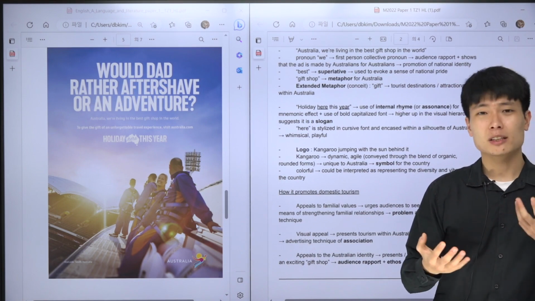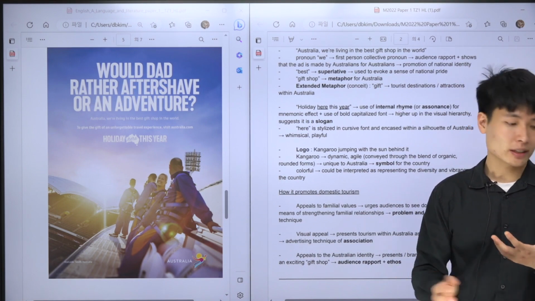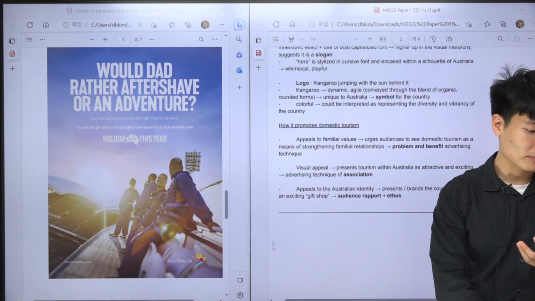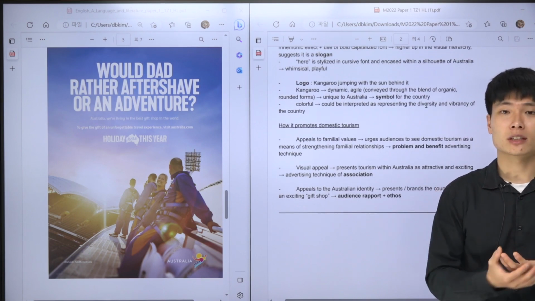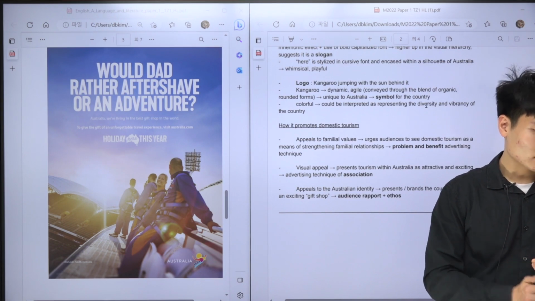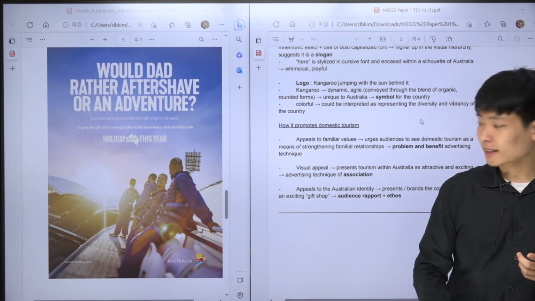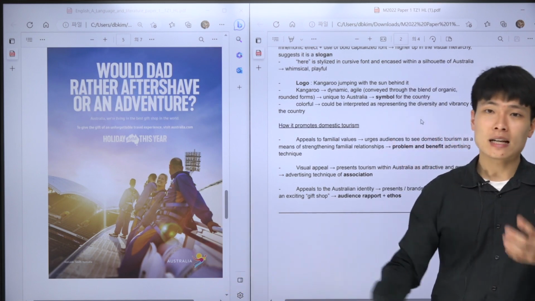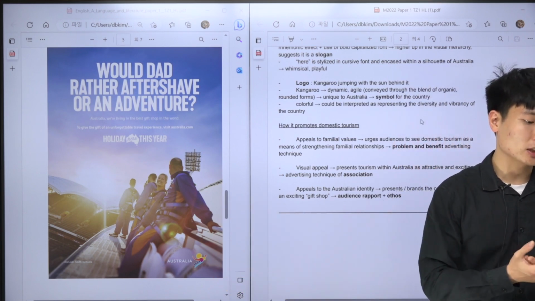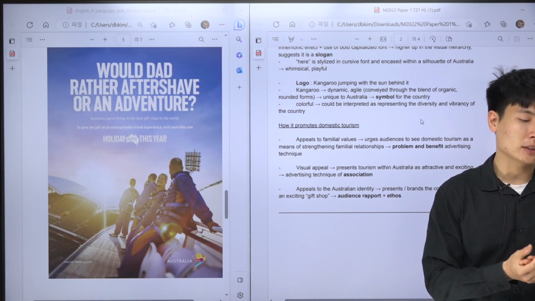And not to mention the kangaroo is unique to Australia, so it's a symbol for the country, my bad. And the fact that it is so colorful, we could use that as an interpretation for the diversity and vibrancy of the country.